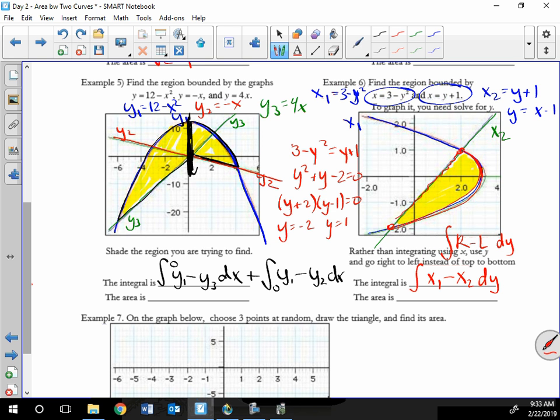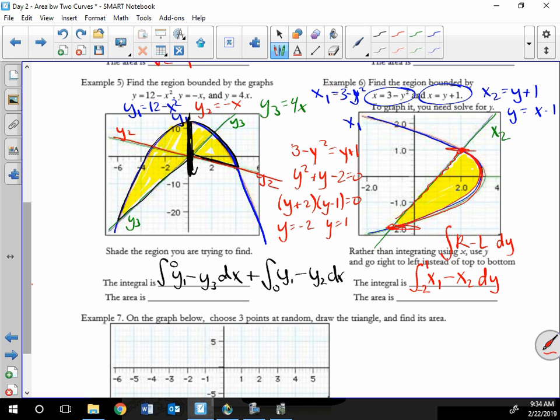So when you go to integrate everything, if you're doing dy, everything needs to be in terms of y. If you're doing dx, everything needs to be in terms of x. Your function, your dx, dy, and your bounds. So here, my bounds, instead of being my x values, because I'm going with respect to y, need to be my y values. So I have from negative 2 to 1. So I'm going from this height to this height here. Okay.